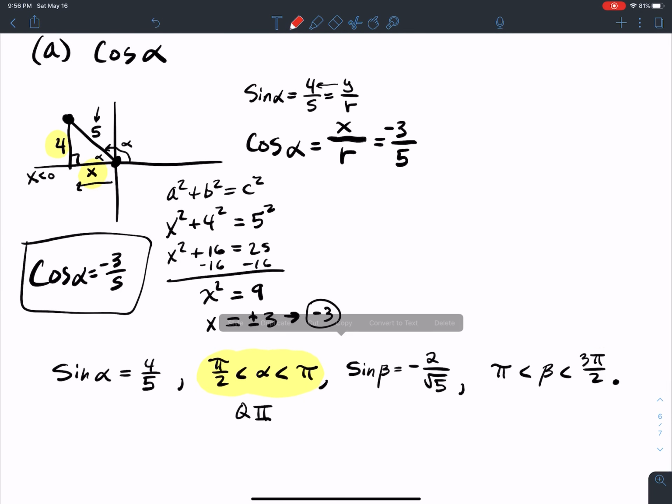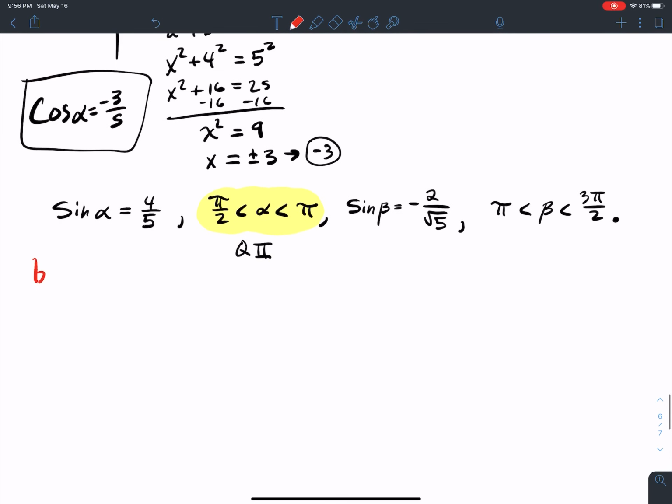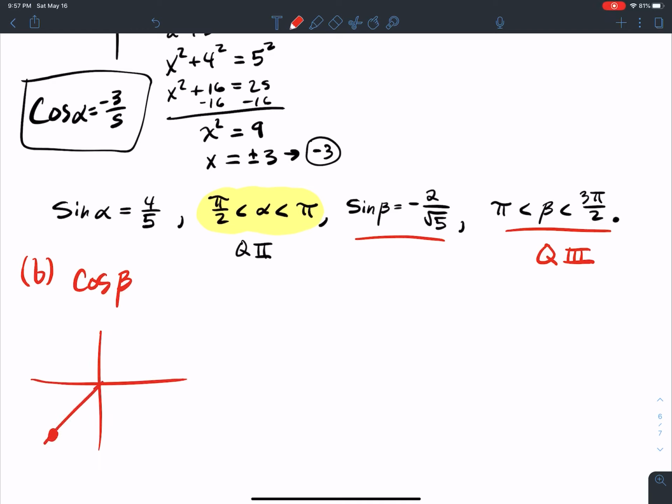I'll just write them again. So for B, let's find the cosine of beta. All right, so this one right here is in quadrant 3. So I know my dot's going to be somewhere down here.